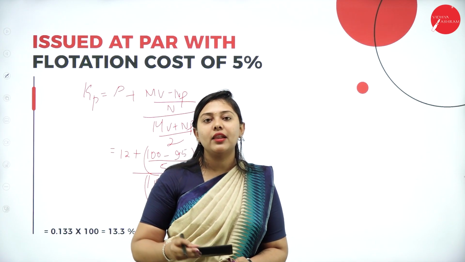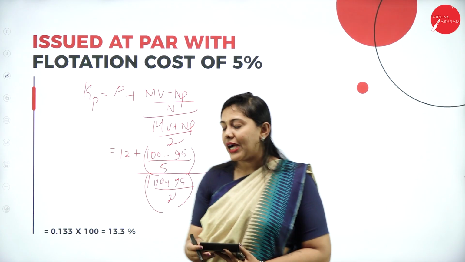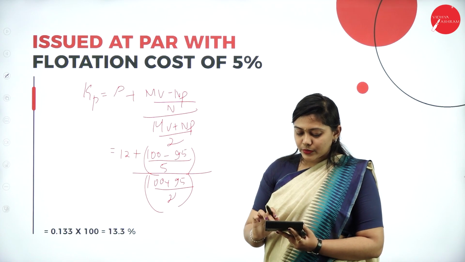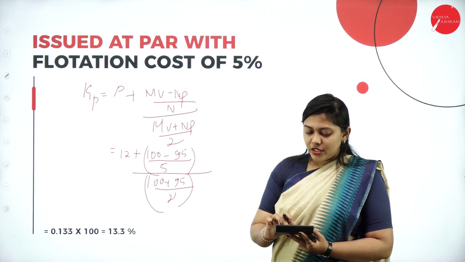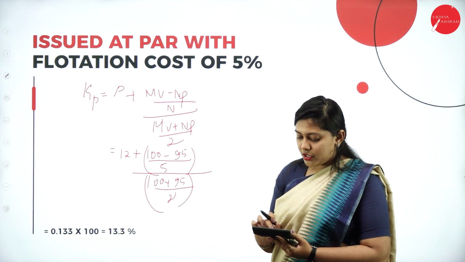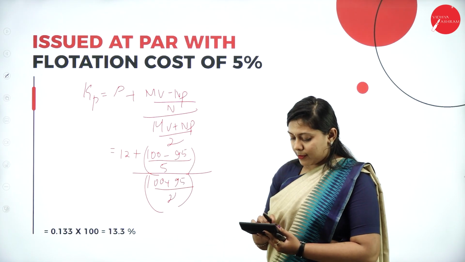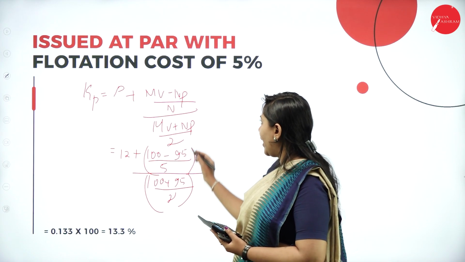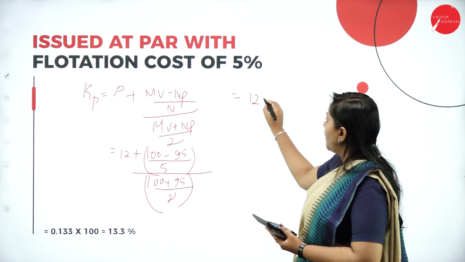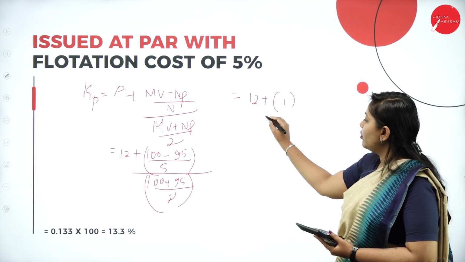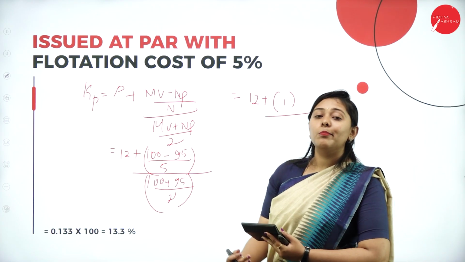So now let us use the calculator and solve the bracket part first. 100 minus 95 divided by 5, it will be 1. So 12 plus 1. Now let us calculate the second bracket part.